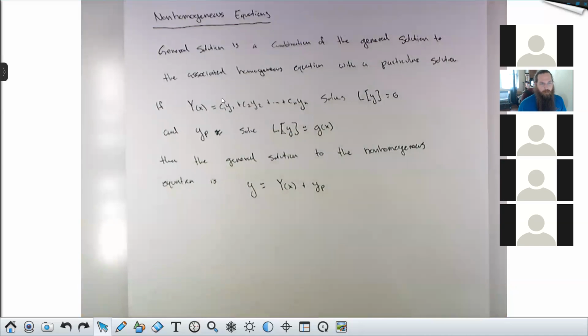So you just take the solutions to the homogeneous equation and add them to the particular solution, the solution that gives you the right-hand side.